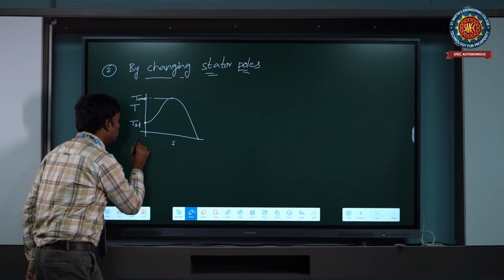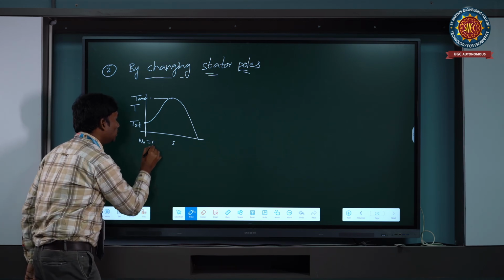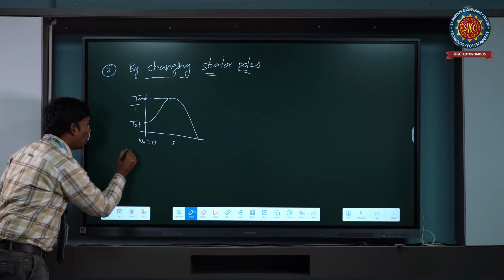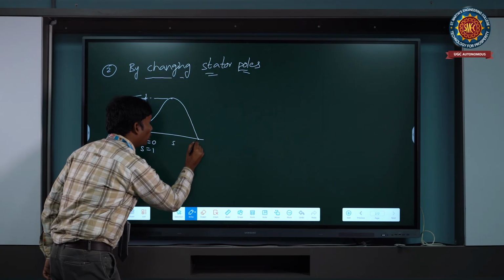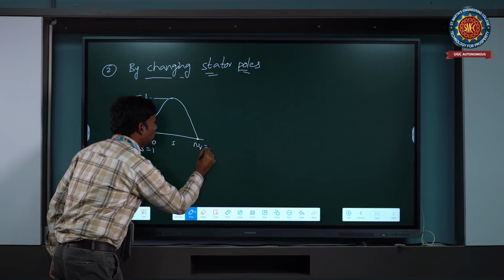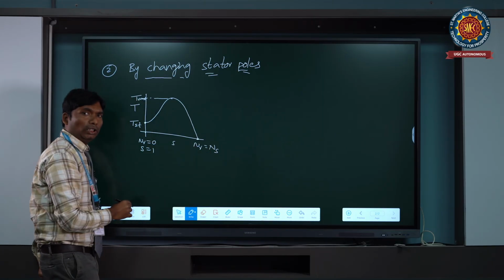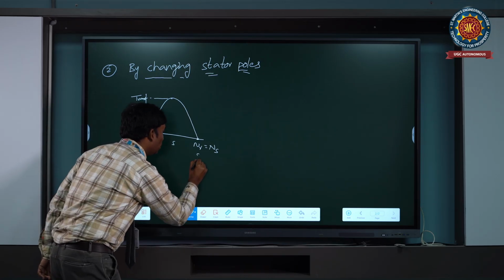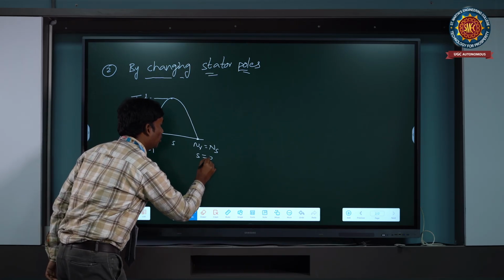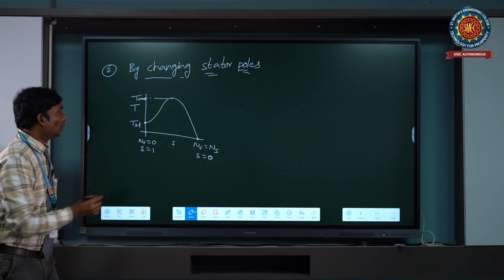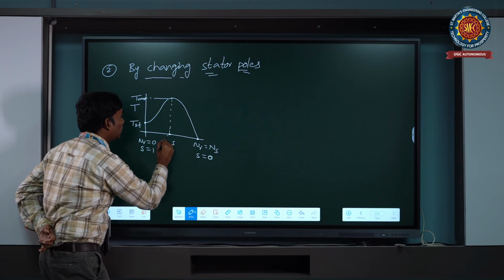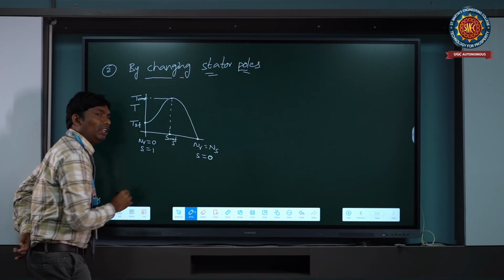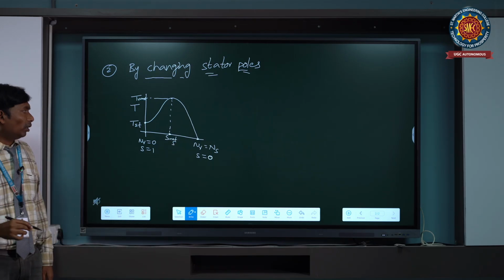At this point, rotor speed is 0 and slip equals 1. At this point, rotor speed equals synchronous speed and slip equals 0, minimum. This point is called SMT. SMT means slip at maximum torque.